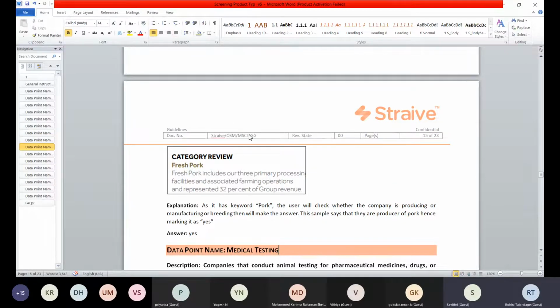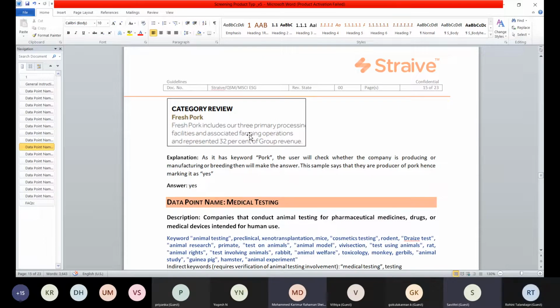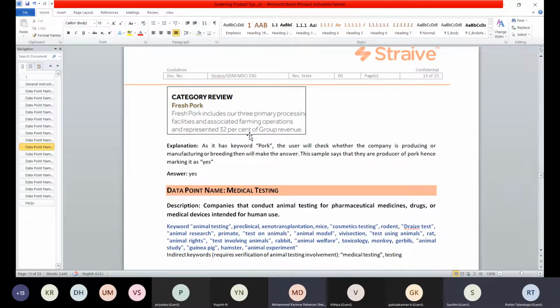So we can mark it as yes. Also they're saying farming operations. So farming is nothing but breeding. Who will breed? The company who is manufacturing or producing, they will only breed it. So breeding can be a best keyword for this production. Pork producer, so check for the word like farming or breeding. If they are doing those operations, then they are a pork producer. Okay.